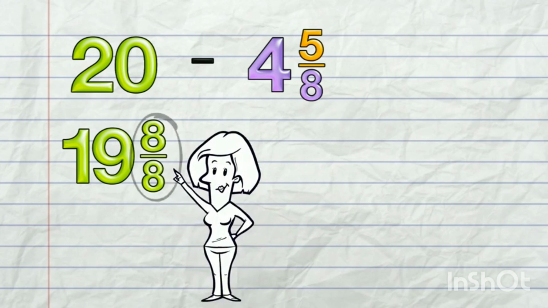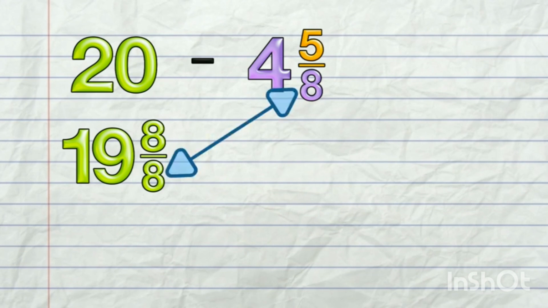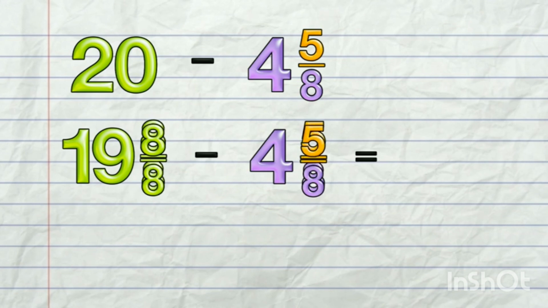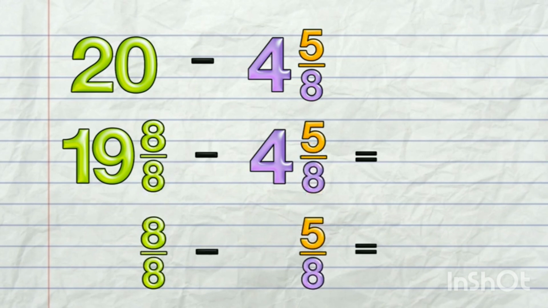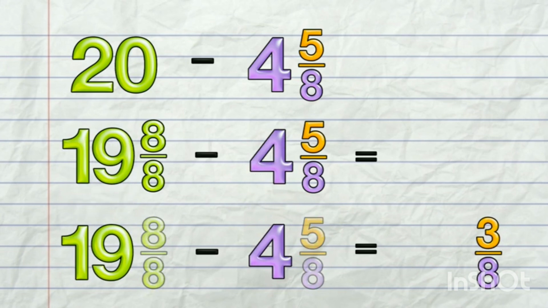That's 19 wholes and one other whole shown as a fraction with that all-important denominator of 8 to fit the fractional part that we're subtracting. Now we subtract the fraction part first. 8/8 minus 5/8 is 3/8. And for the whole numbers, 19 minus 4 is 15.